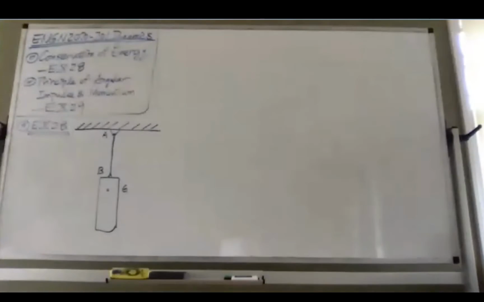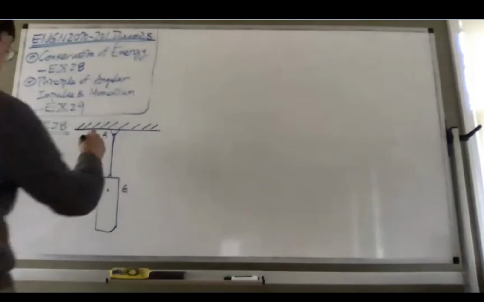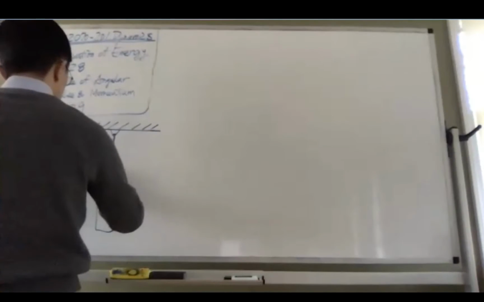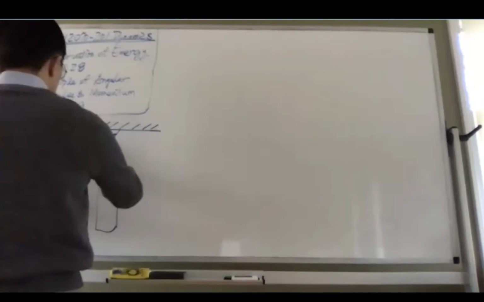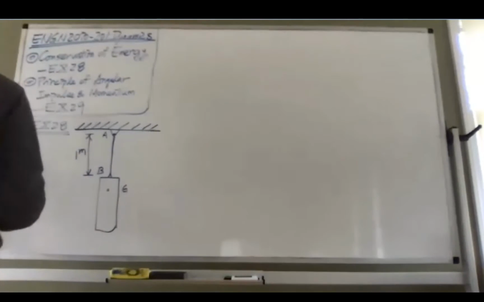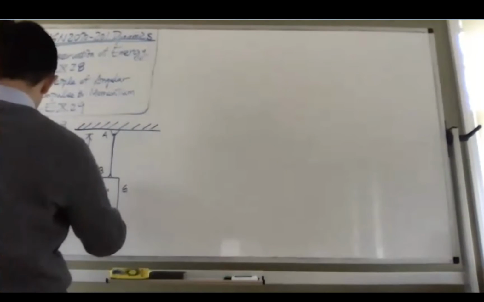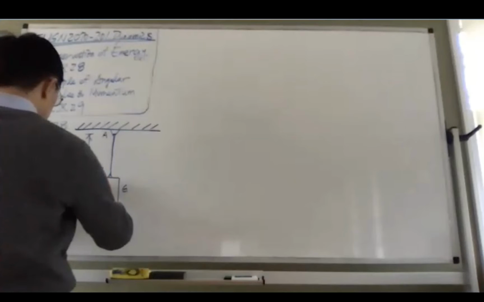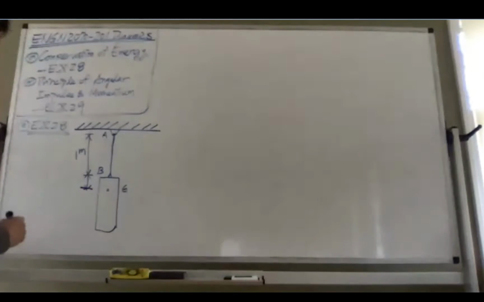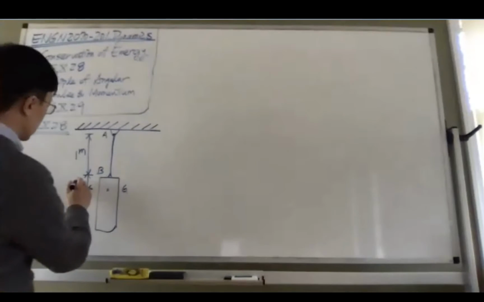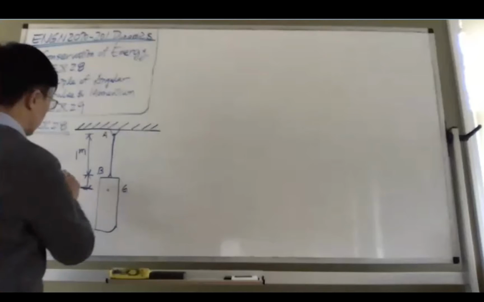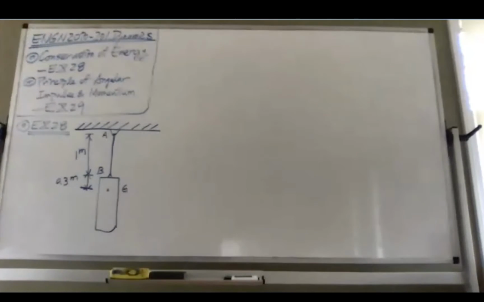Dimension-wise, the rope is 1 meter, and from point B to the center of gravity of the punch bag is 0.3 meters.